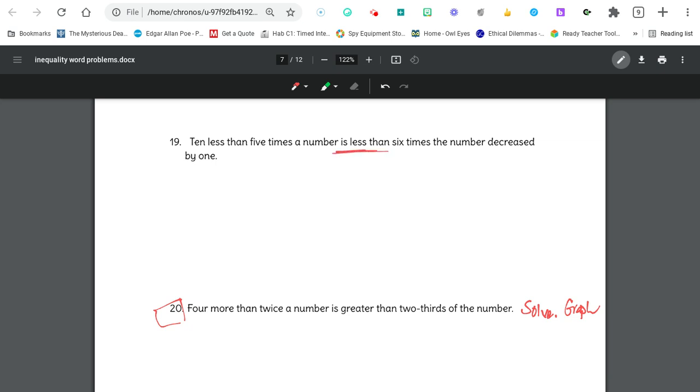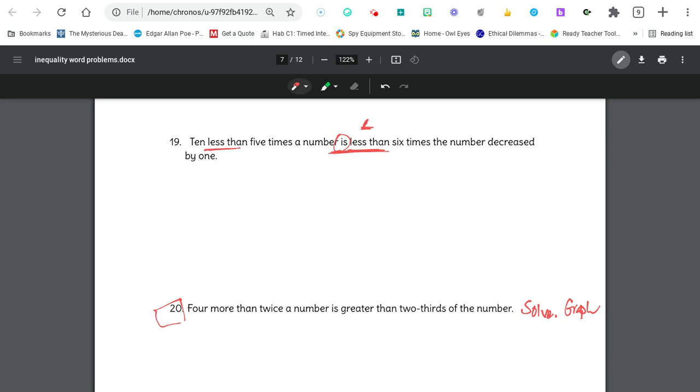So "is less than" is going to be an indication that that's my inequality, just simply because of the word "is." If not, it would have been 5 times the number less than 6 times the number. That would have been an indication that it's a minus, not an inequality. But the word "is" automatically gives it away. Here I just have 10 less than. I know that's my minus sign.